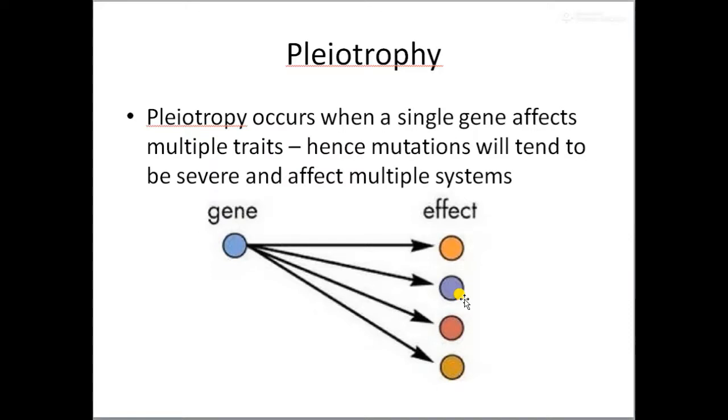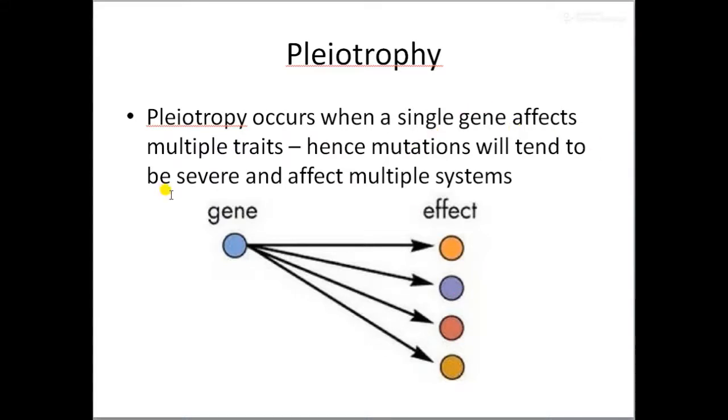So polygenic genes or multiple genes are just the opposite; you can just reverse these two characters and then you get what a polygenic trait is as well as pleiotropy. So if one particular gene affects various traits or multiple traits, that is referred to as pleiotropy.